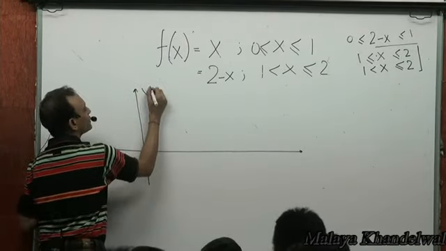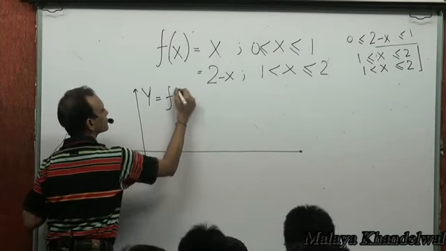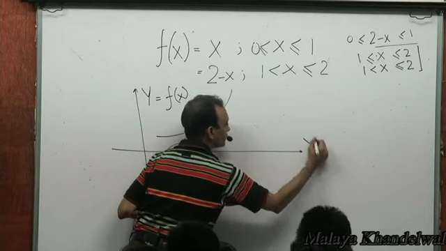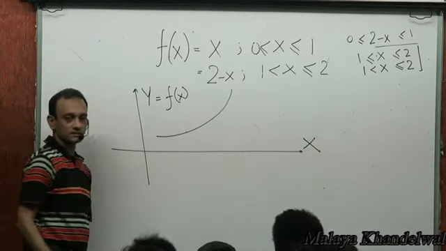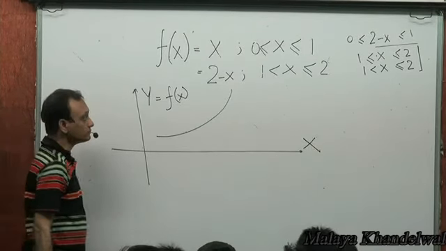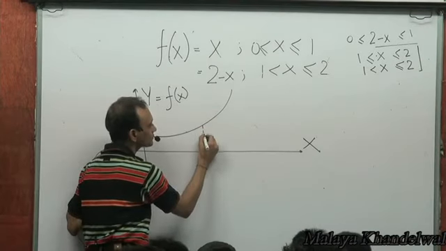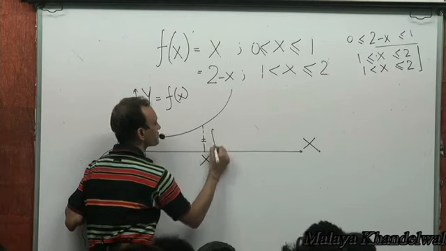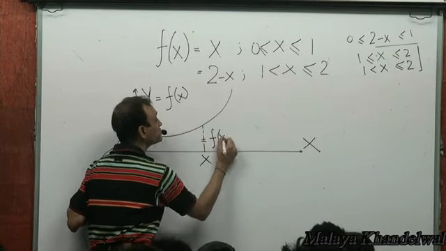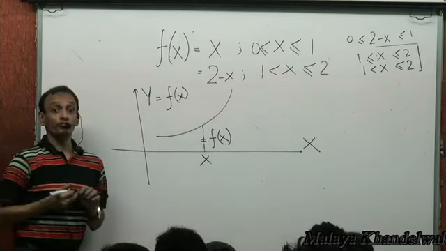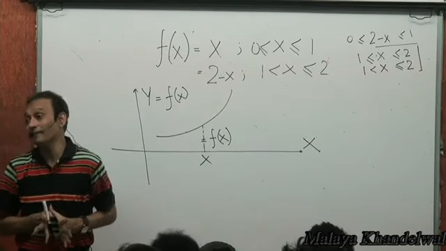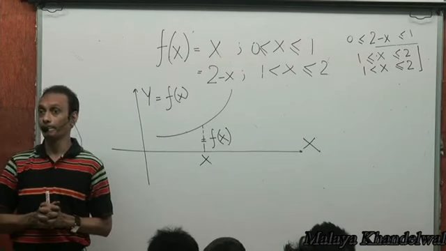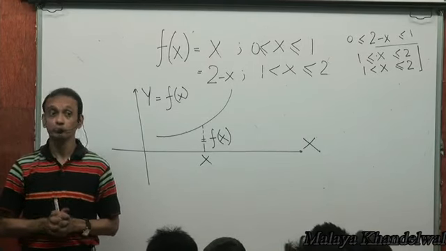If say this is y equal to fx, some graph y equal to fx versus x. This is a given x and this is fx. Geometrically, I want to find f of x. Right? Yes or no?